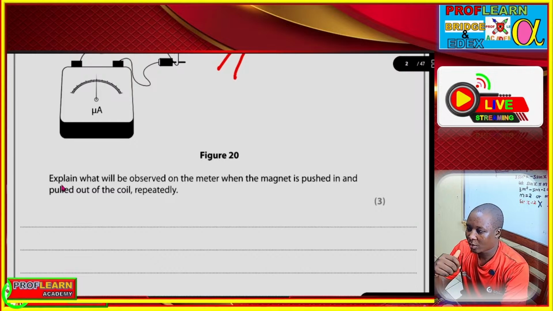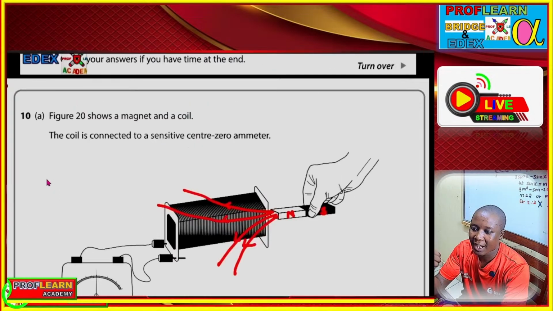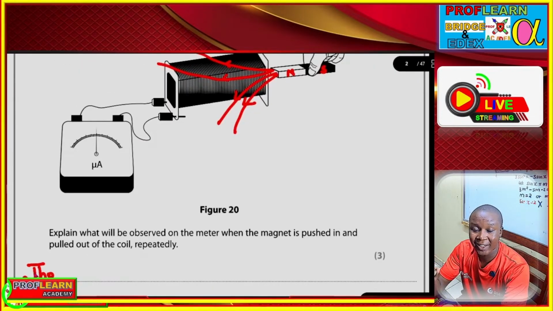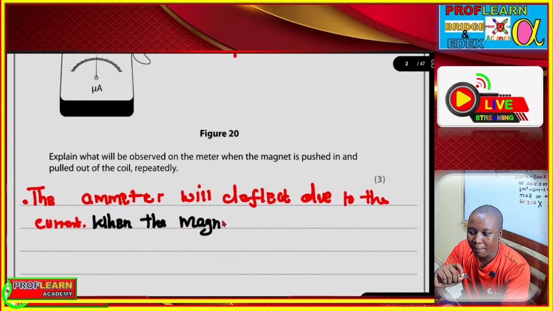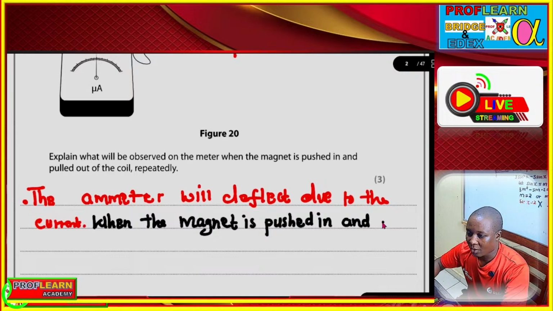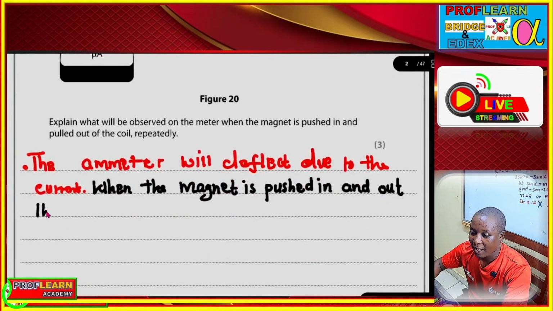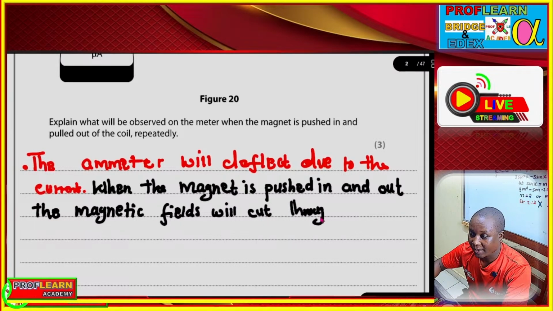In this question, we are told to explain what will be observed on the meter when the magnet is pushed in and out. The meter is going to deflect due to the flow of electric current. So the meter will deflect, and this deflection is due to the current that is detected. And why is current detected? When the magnet is pushed in and out, the magnetic fields are going to cut through the conductor or the coil.